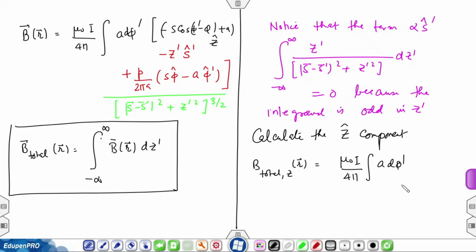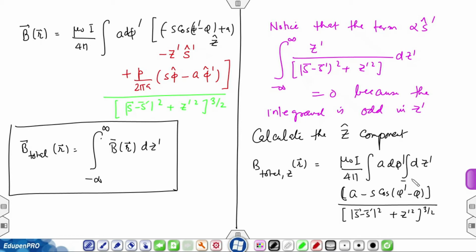Then I have inside a minus s cosine of phi prime minus phi divided by mod s vector minus s prime vector square plus z prime square raised to 3 by 2, and there is a dz prime here, minus infinity to infinity. Phi prime is 0 to 2 pi. This is the integral I need to calculate.